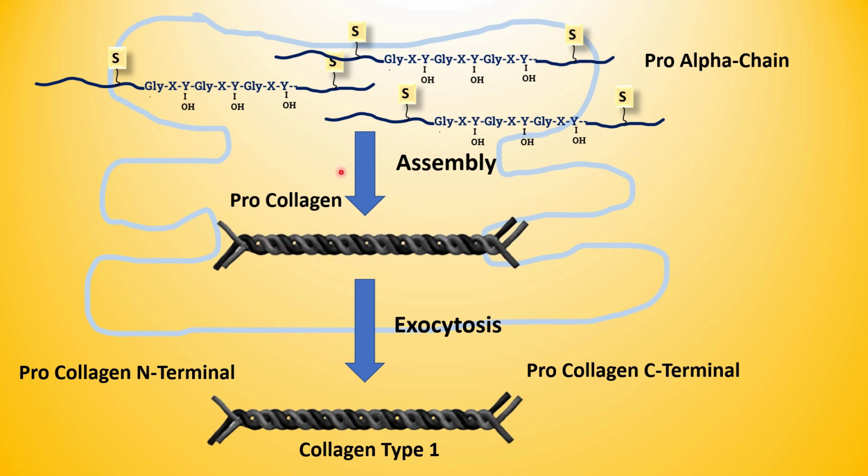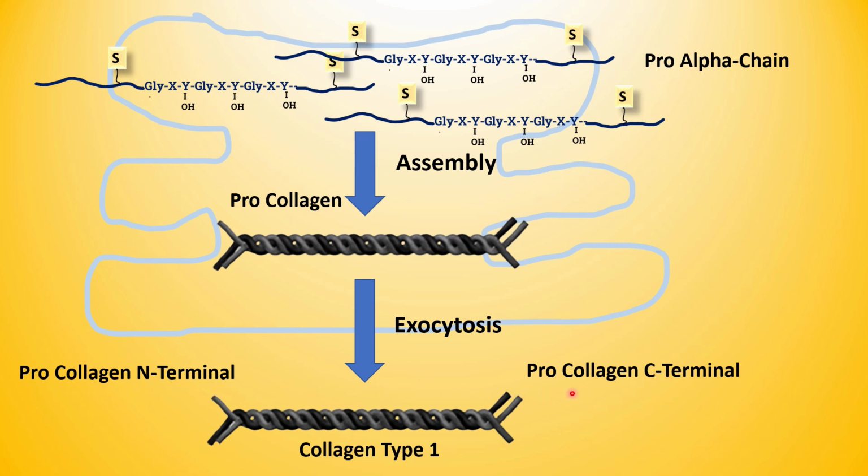This assembly takes place in the Golgi apparatus, and after that it undergoes exocytosis, which means the procollagen is expelled and comes out of the cell. Here you can see we have two terminals, the carboxyl terminal and the amino terminal.